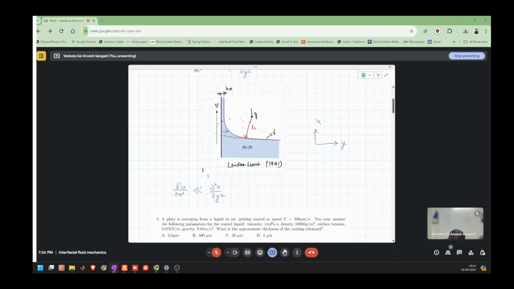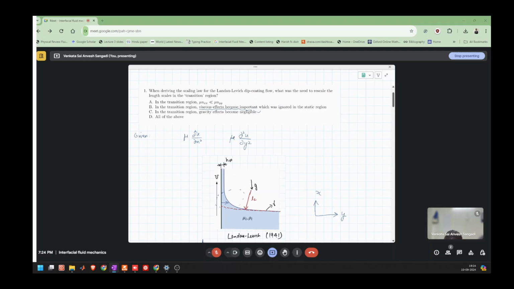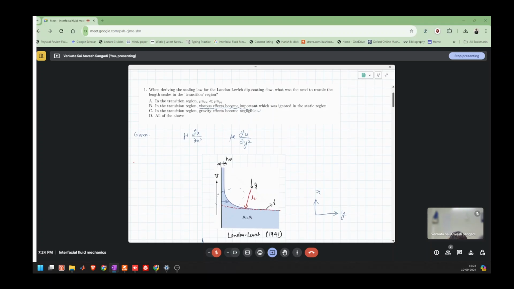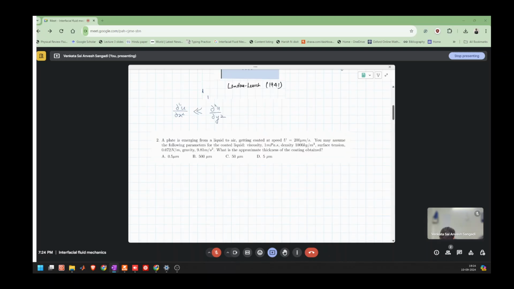Therefore option A is also correct. So the correct option is option D, all of the above are correct.